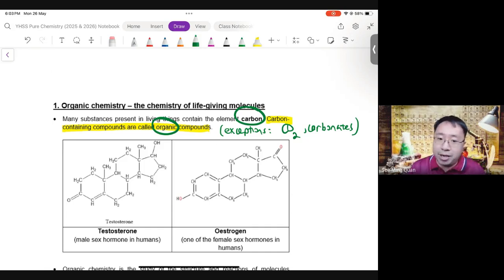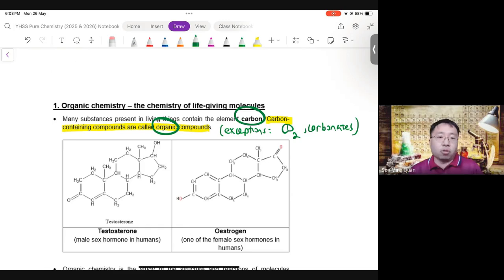So most organic chemists actually were previously from biology. Why is that the case? This is the case because most organic compounds, including the first two that I've shown here, are obtained from living things. So these compounds were isolated from living things by studying humans, mammals, and so on.